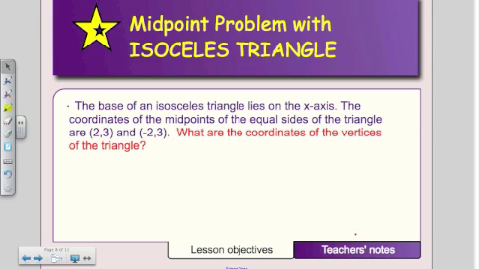Okay, take a couple of seconds and write this down. And also draw your diagram.